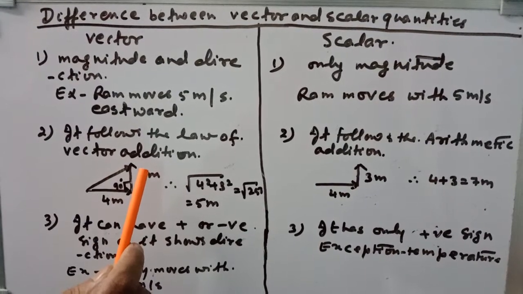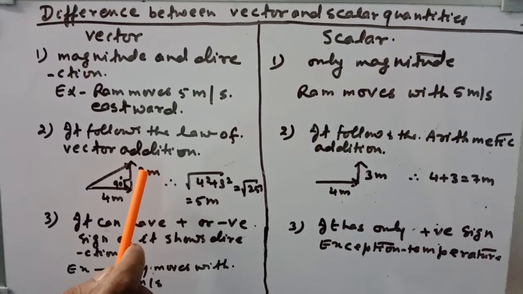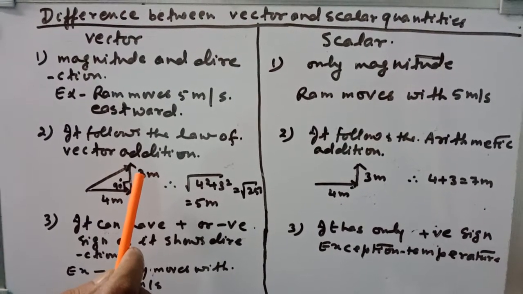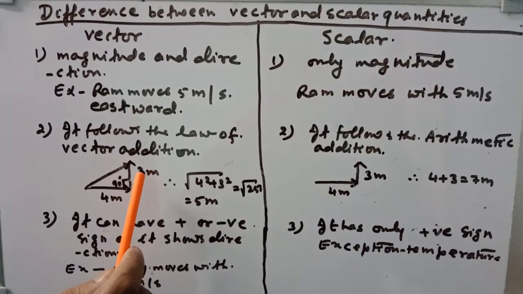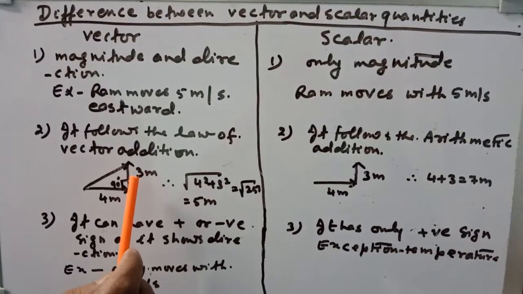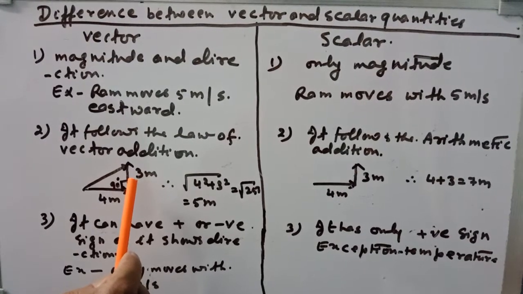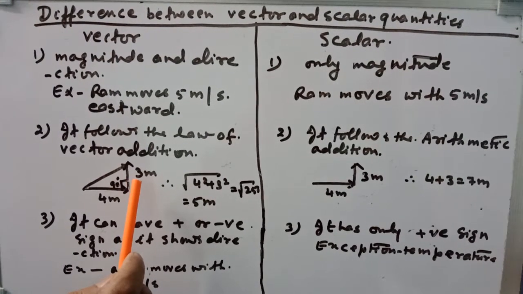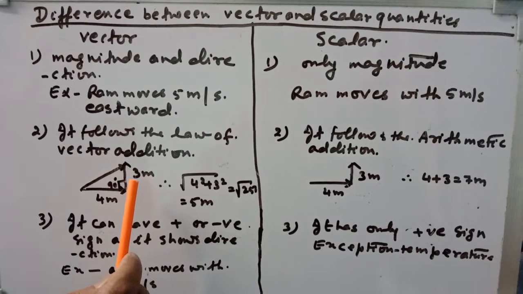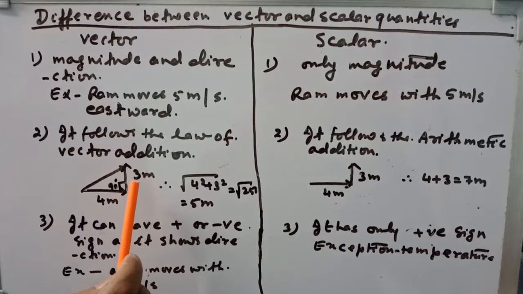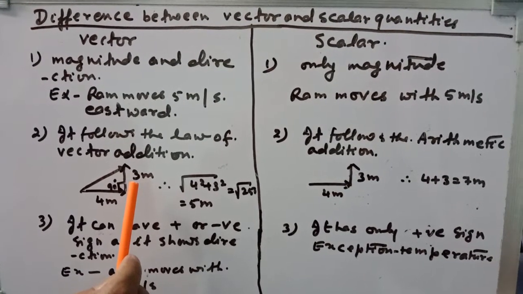Therefore the magnitude is 0, but it has some direction. Suppose a body is moving with constant velocity. In that case the acceleration becomes 0, but the direction is there. So in this case the acceleration becomes a null vector.